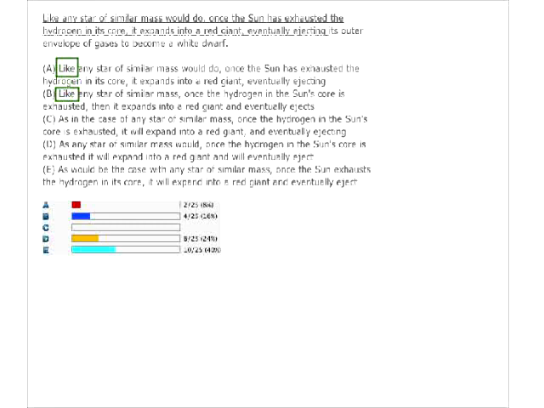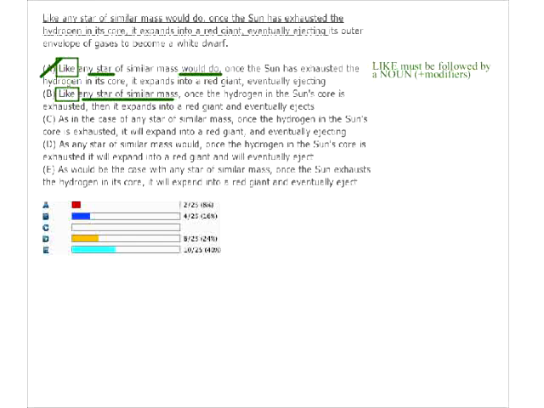Yeah, it has to be followed by a noun, or perhaps a noun plus modifiers, but definitely a noun. So the problem is that any star of similar mass would do is not a noun, that's a clause. That's a subject and a verb. So this is not okay. Any star of similar mass is fine. So that's not an issue.